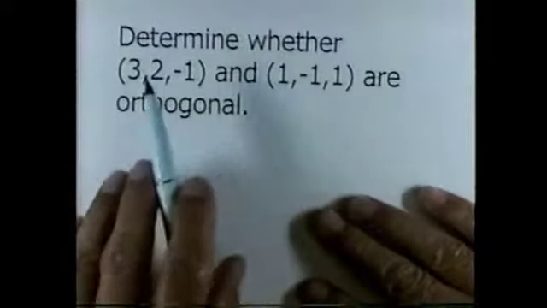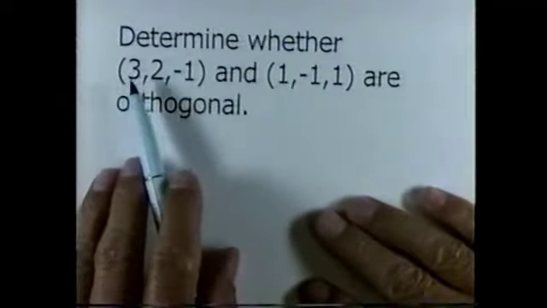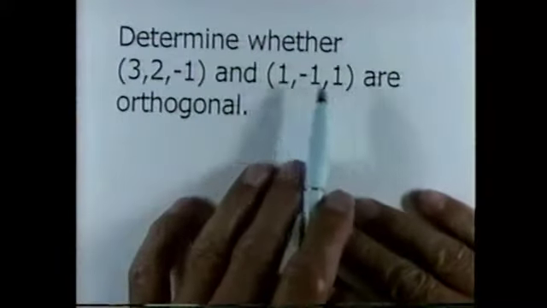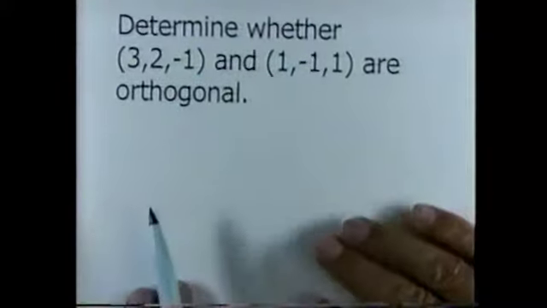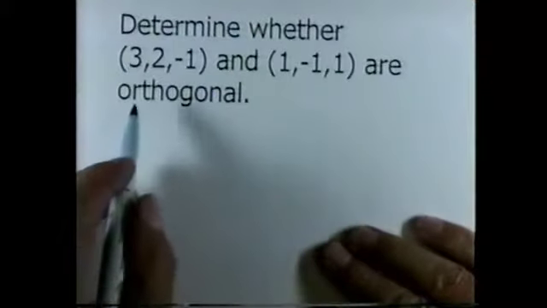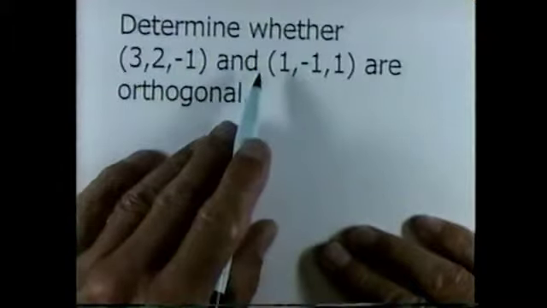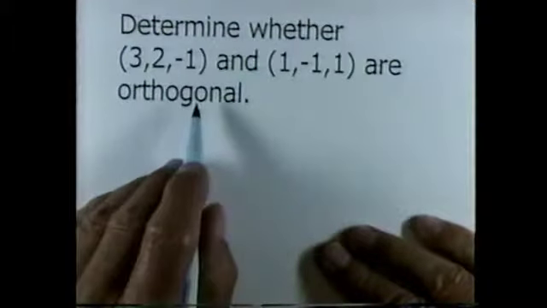Let's determine whether the vector 3, 2, negative 1 and the vector 1, negative 1, 1 are orthogonal. Well, what we have to do is check the dot product. If the dot product is 0, then the vectors are orthogonal.